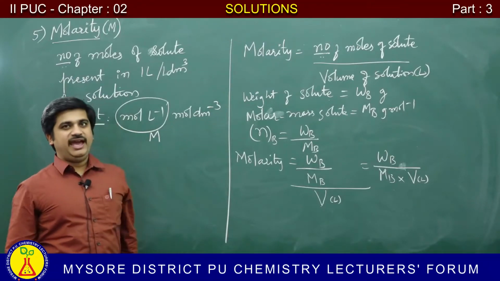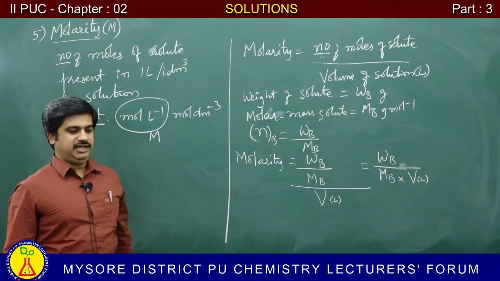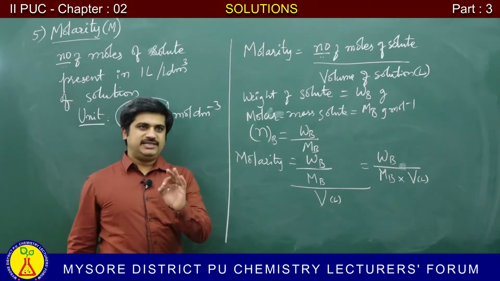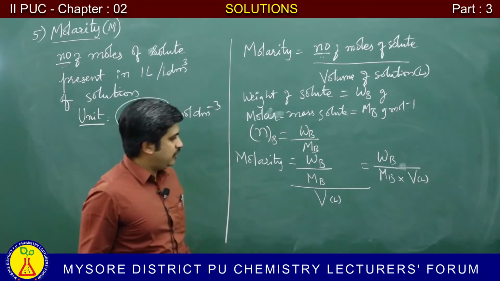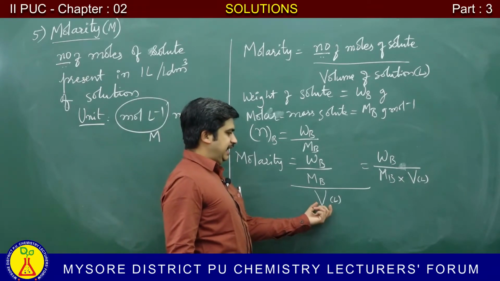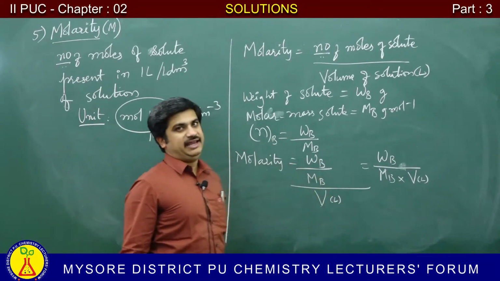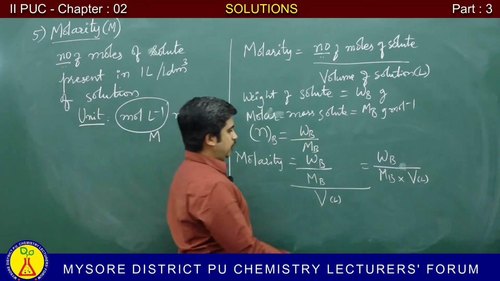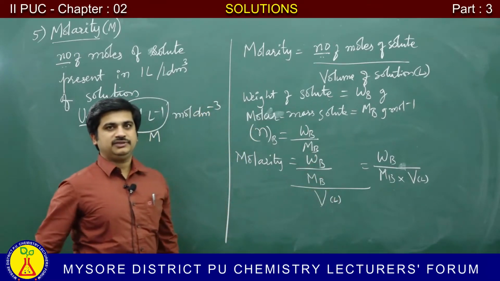In case we have volume expressed in ml instead of liters, if the volume is expressed in cm cube or ml, then we have to convert the volume in ml into volume in liters. How can we do it? We can do it by dividing this by 1000, correct?